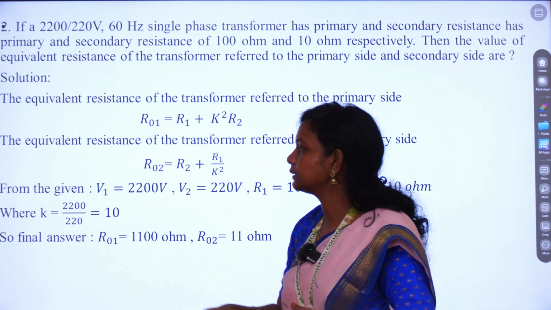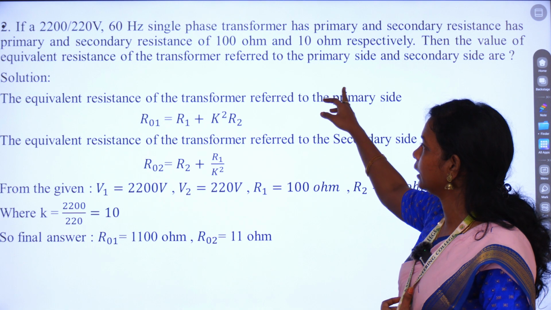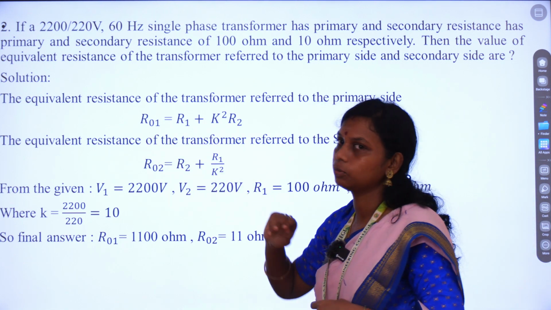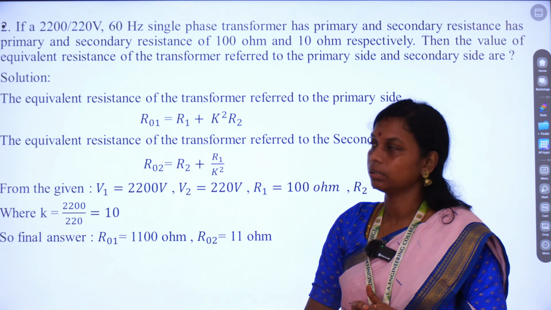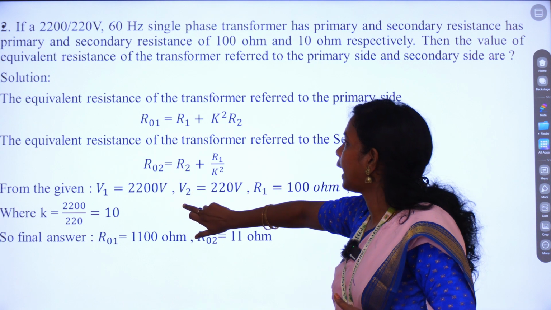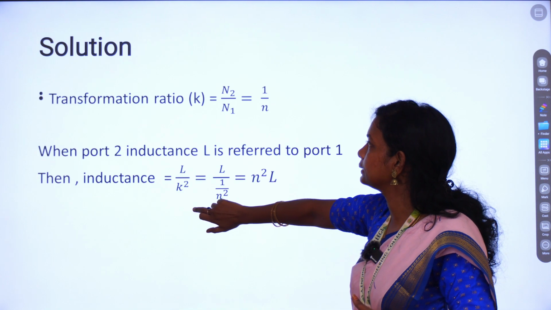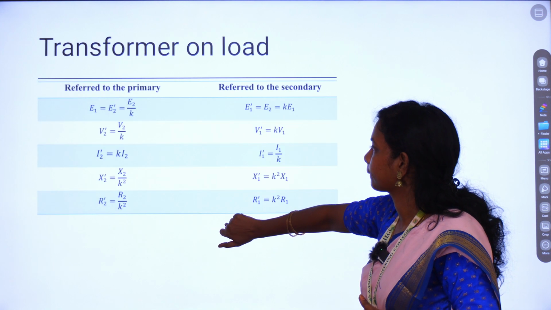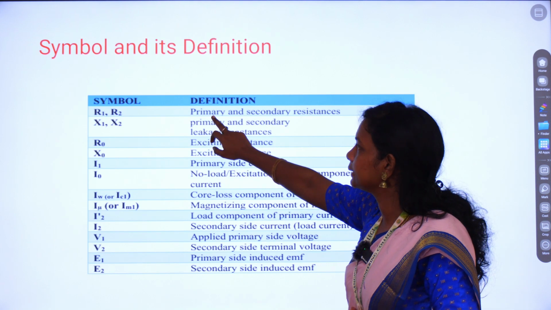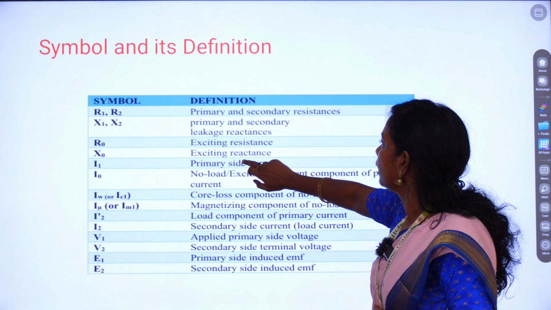Okay, what is the equivalent circuit referred to the resistance? So I will be finding R01. What is R01? It is referred to the primary side resistance. As we already know, R1 is the primary resistance, right?